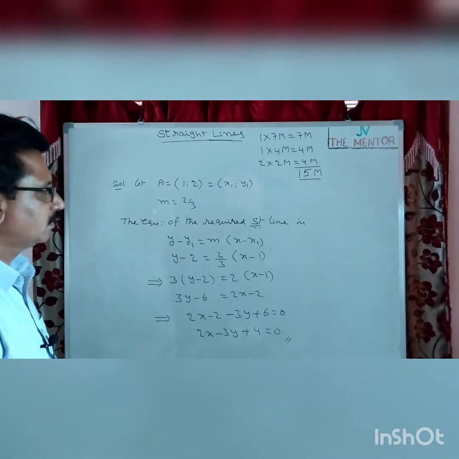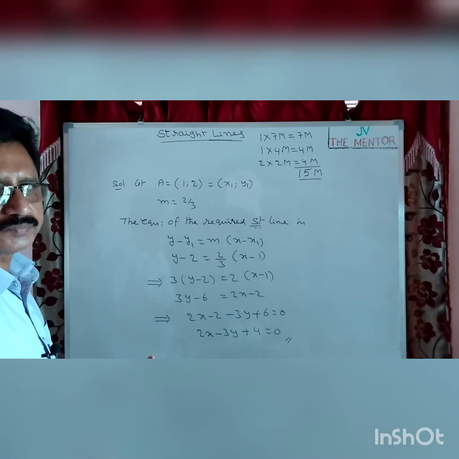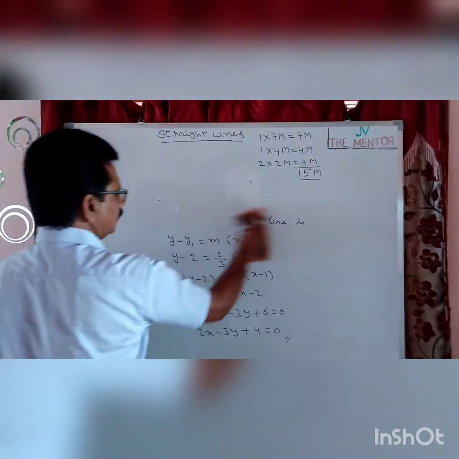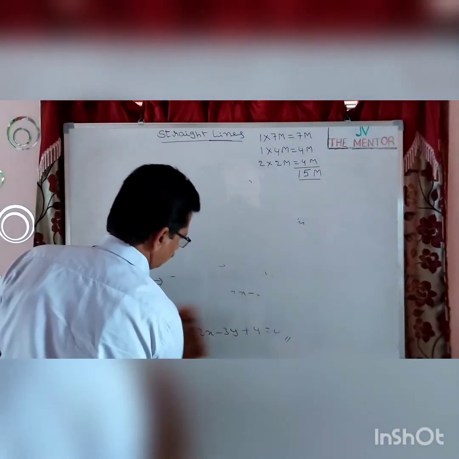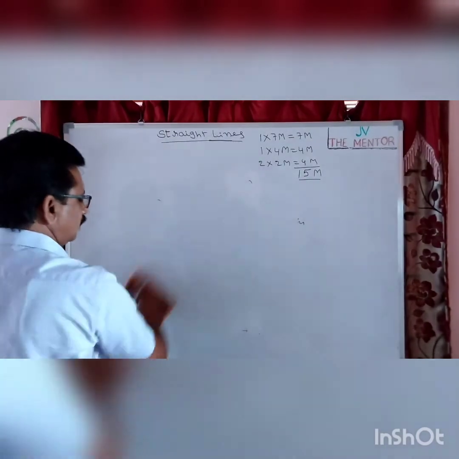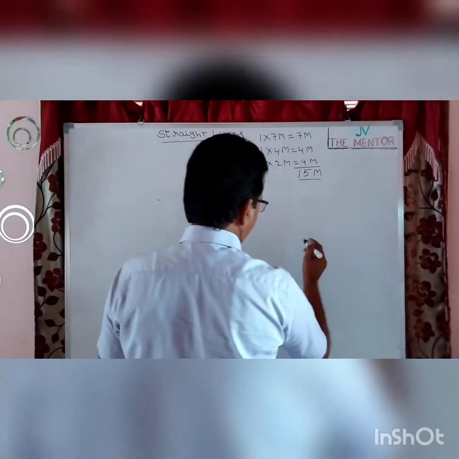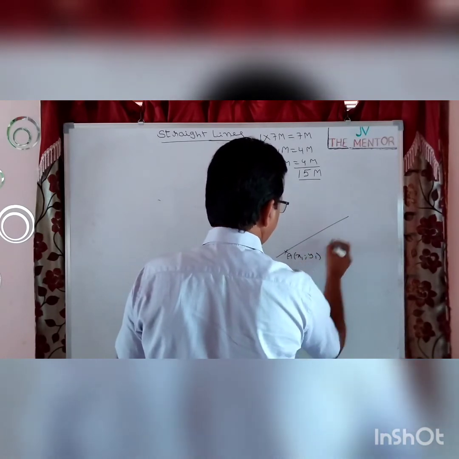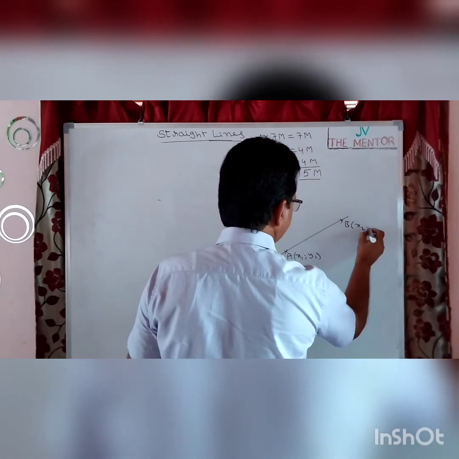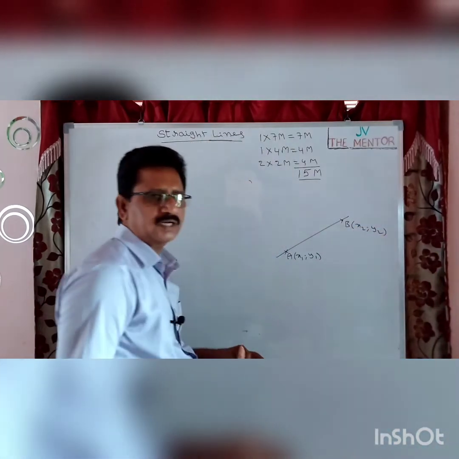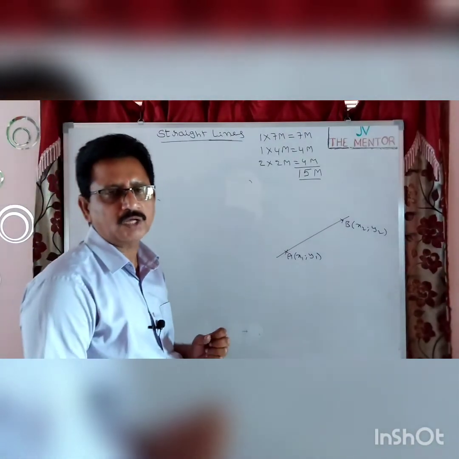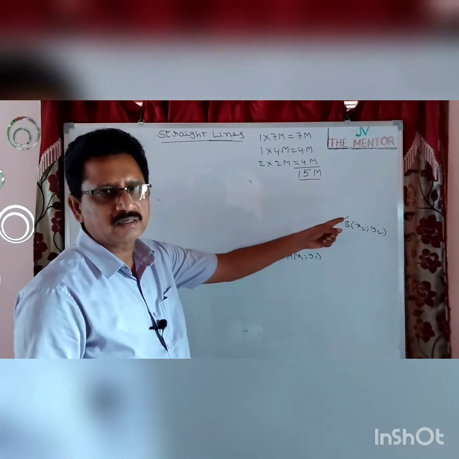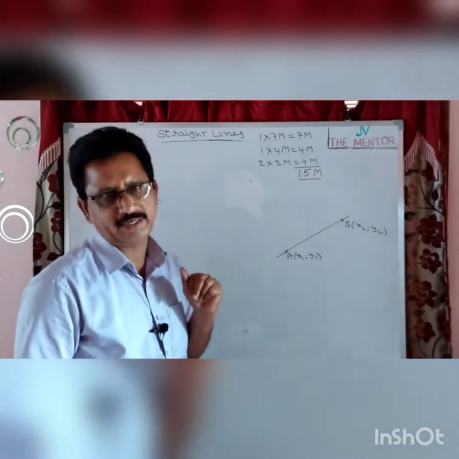If A(x1, y1) and B(x2, y2) are 2 points in a plane, now we'll find the equation of the line passing through 2 points.